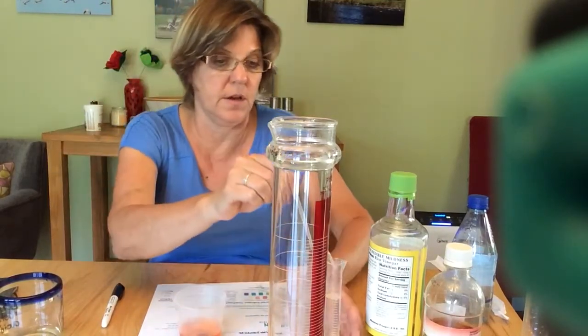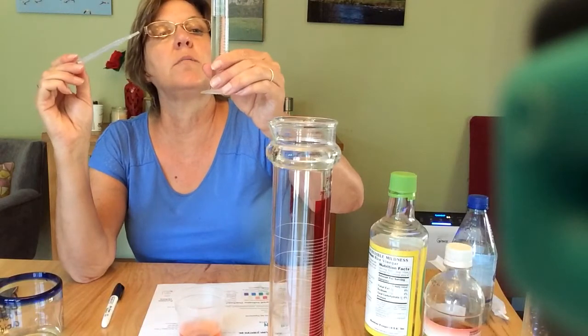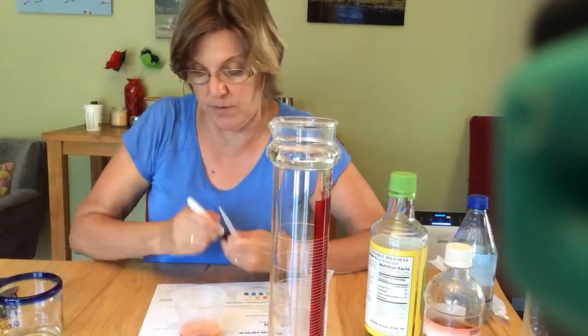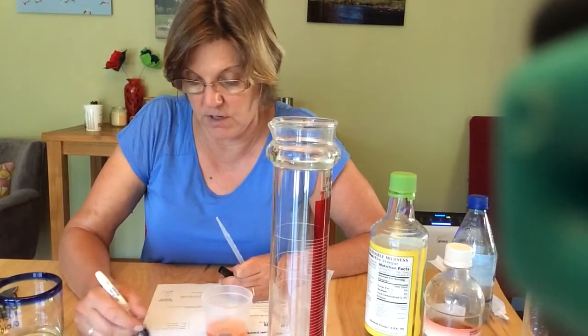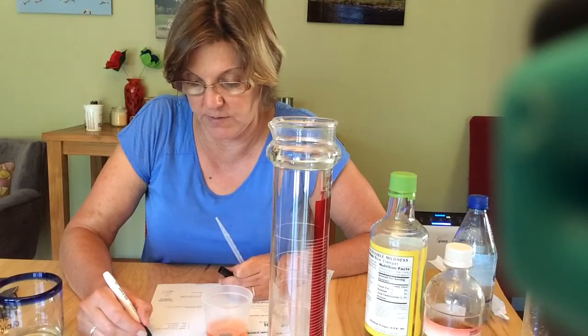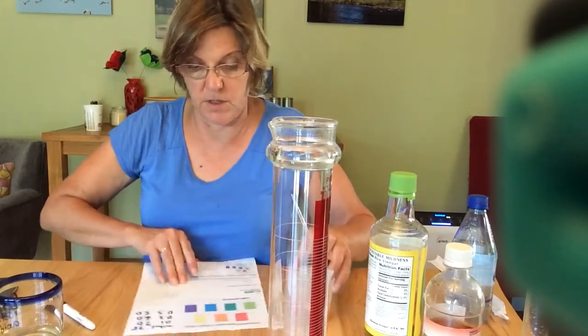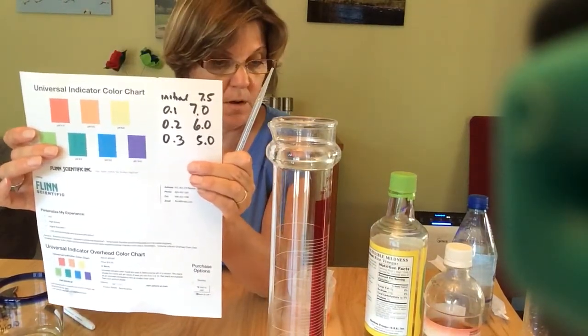At 5, I'm at 0.1, 0.2, 0.3. Okay, well, that's pretty simple. So it took 0.3 milliliters to go from 7.5 to 5 with my lake water. Okay, so here's my data.